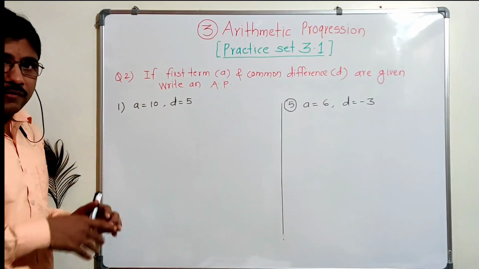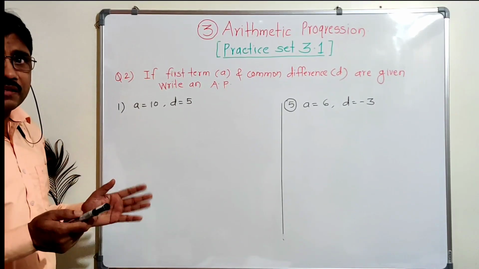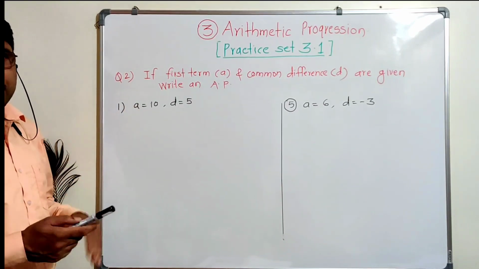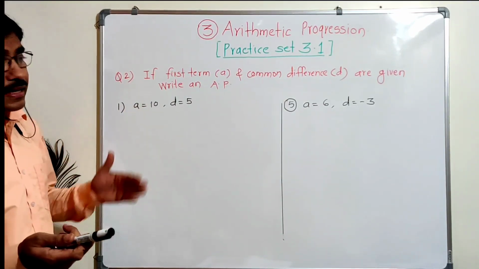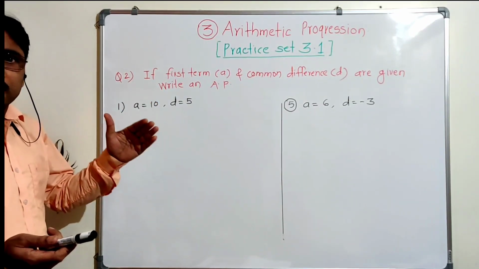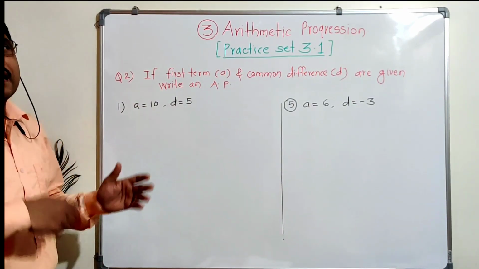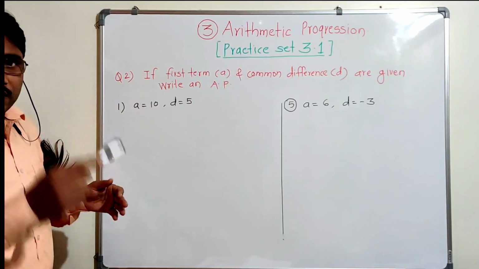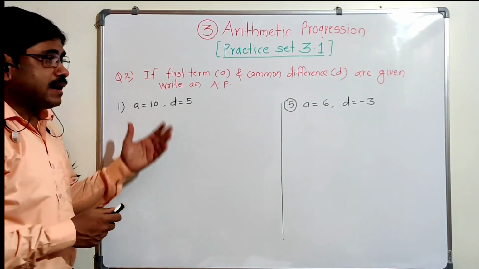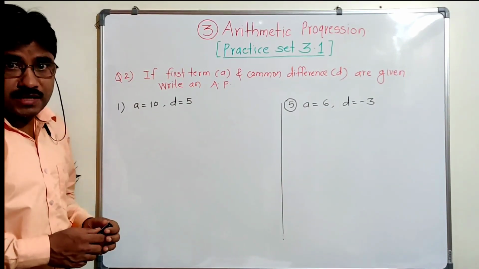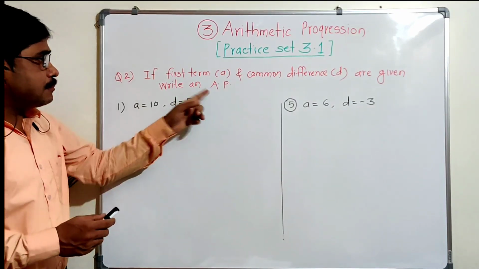So according to that we have to write, if first 3 terms are there, then find T1, T2, T3. If first 5 terms are there, then find T1, T2, T3, T4, T5. So here find 3 or 4 terms and directly write the sequence. So here in this way we find only first 4 terms and then write directly an AP.